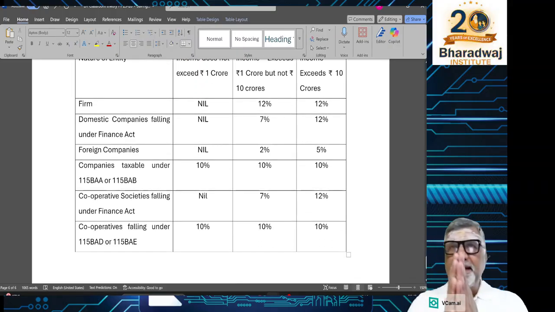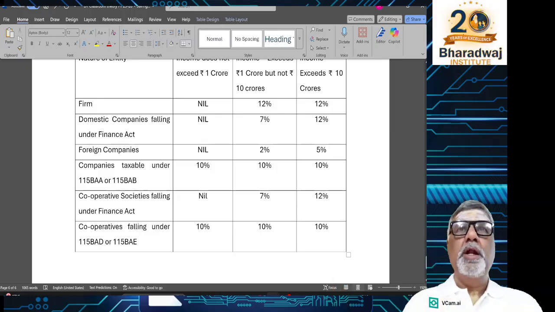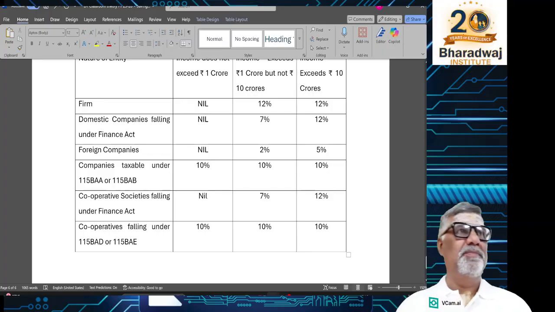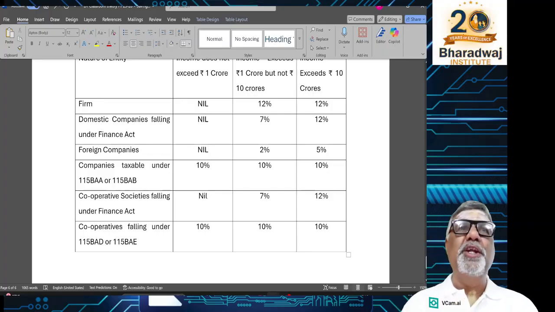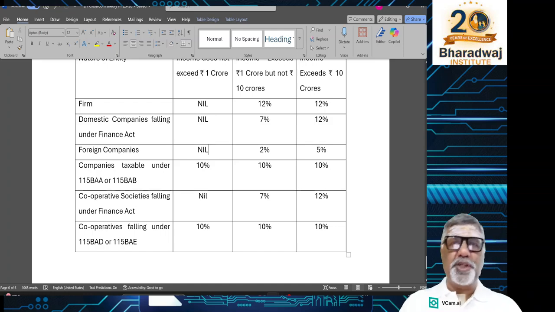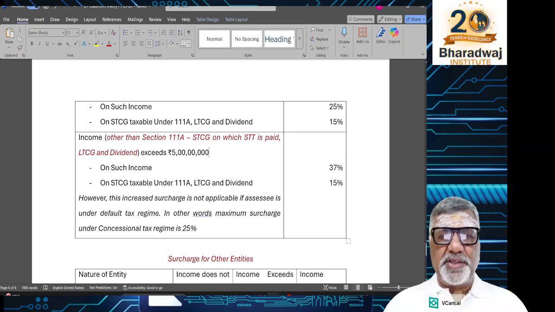Up to this is variant. Now I am going to go to special rates of taxes, which is for all. There is no variation of individuals. There is no variation of other entities, etc., which is for all. Special rates of taxation.